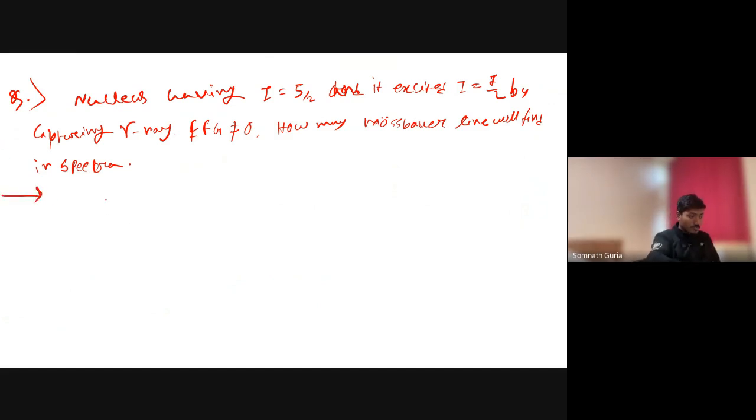This is the answer. We have energy over here, a ground state and an excited state. Here the ground state I equals 5 by 2, and the excited state I equals 7 by 2.